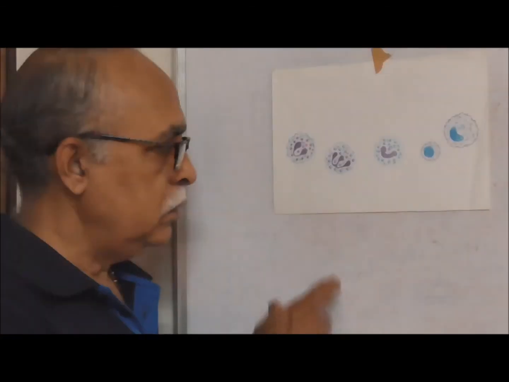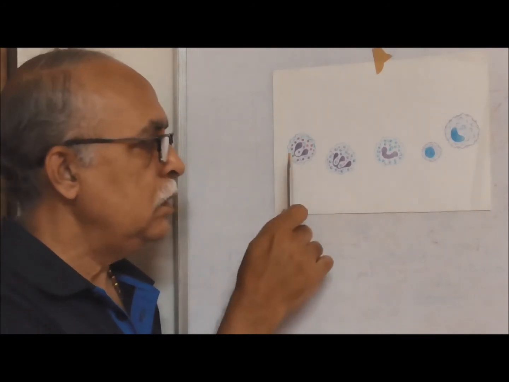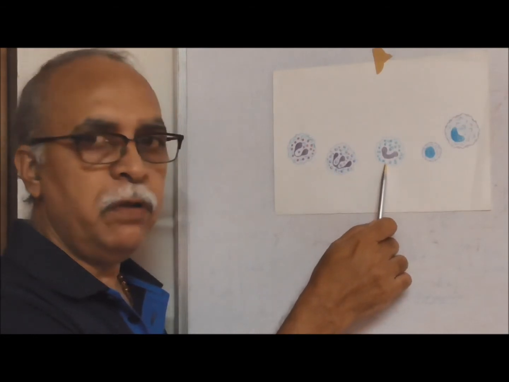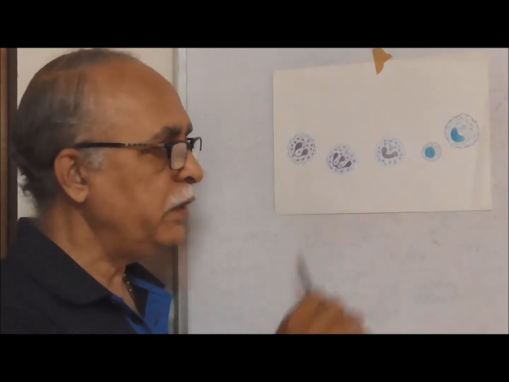These are the 5 subtypes of leukocytes. Now let's come to understand each cell, its functional details. These are the 5 different cells that I just talked about. This is the eosinophil, this is the neutrophil, this is the basophil, then the lymphocyte and the monocyte. These are the 5 types of cells.